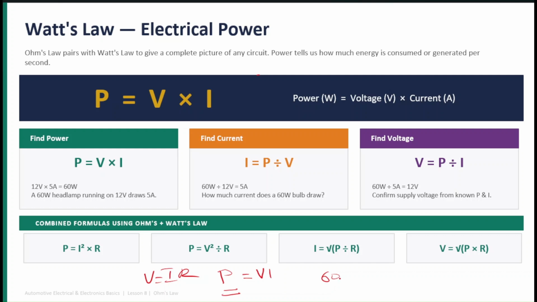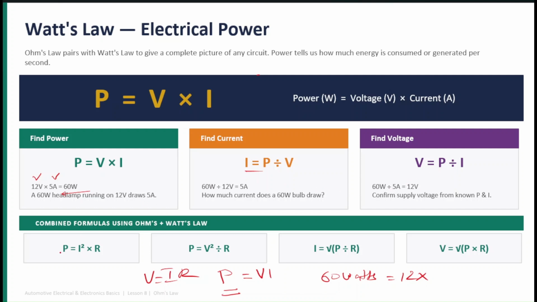Power is a unit. So power is equal to voltage into current. If you have a 60 watts bulb working on 12 volt, what is the current? 5 ampere.